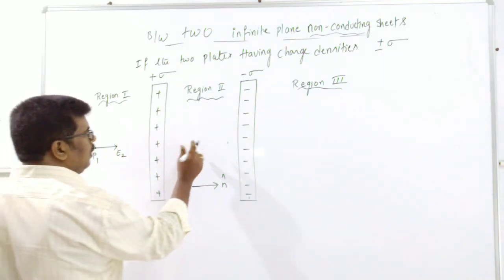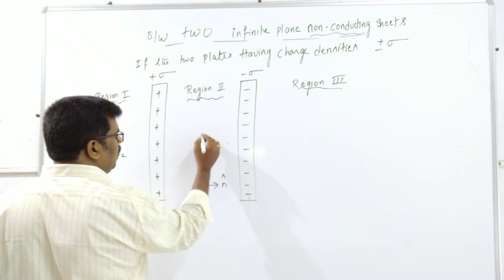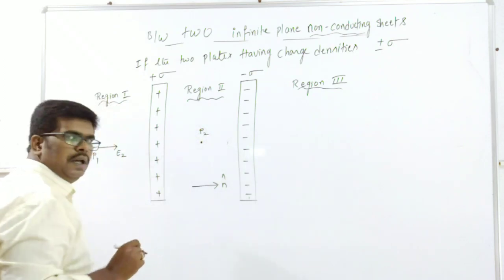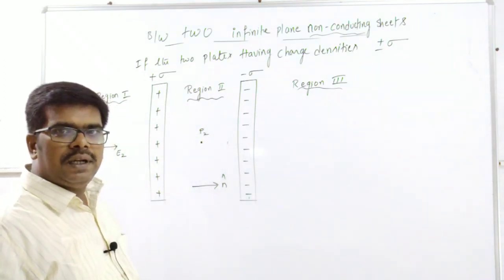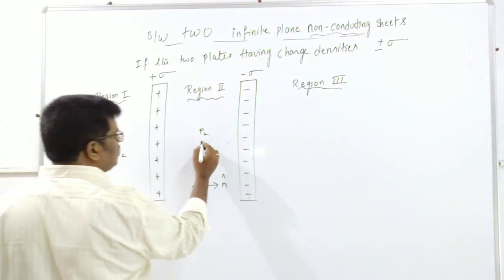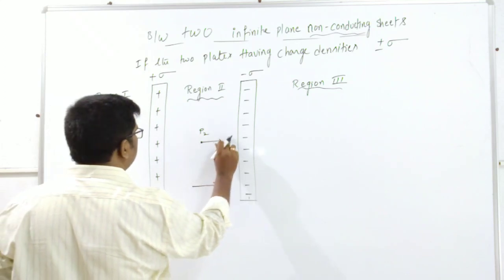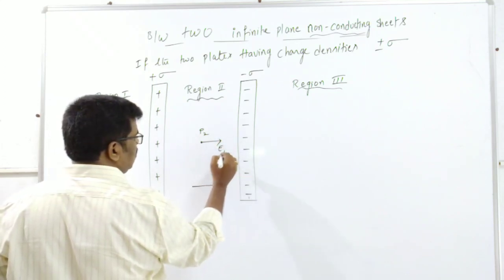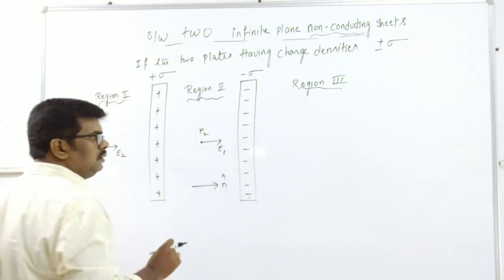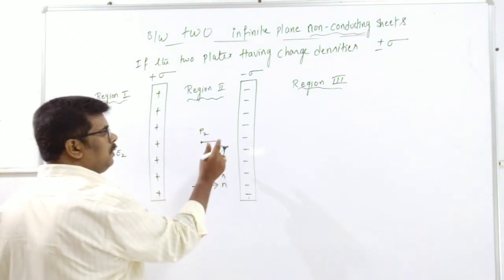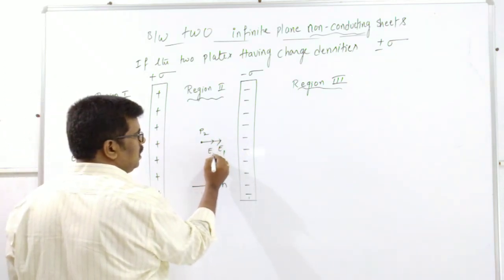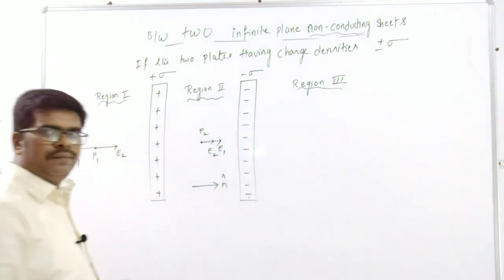And in the middle between the plates, if you take a point P2, at this point P2 the electric field intensity due to the positively charged plate is E1, which is away from it, and due to the negatively charged plate the electric field intensity is towards it, E2.